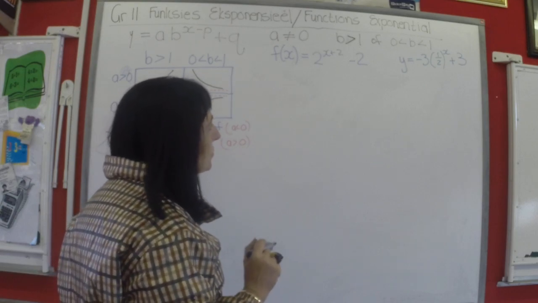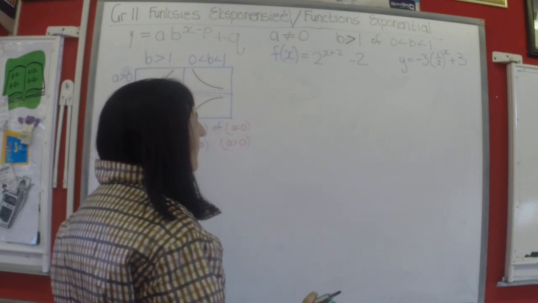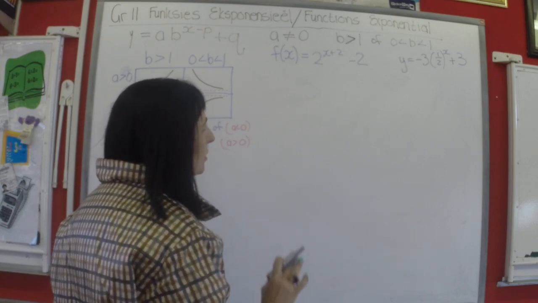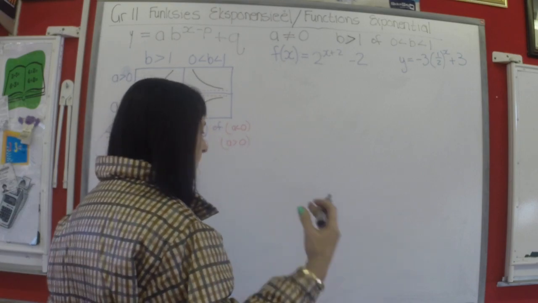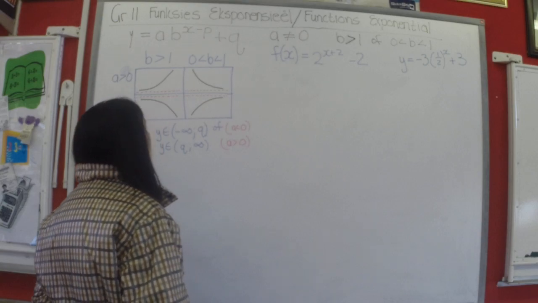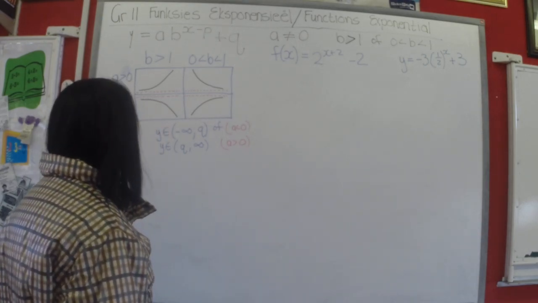Only those two places. So b may never be negative. It can be a decimal from after 0 to before 1, or it can be greater than 1. Okay, good. So it can be a fraction or it can be greater than 1.